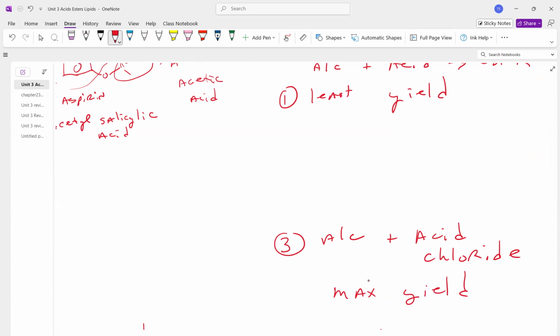That maximizes the yield. And then there's an intermediate way: the alcohol plus the acid anhydride.